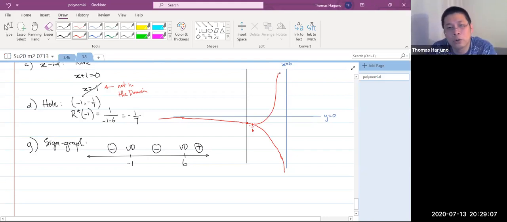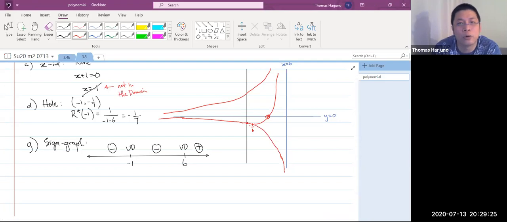Well, because there's no x-intercept. If that's the case, then we must have an x-intercept, right? But why not start from the top and go up like that? Well, because the sign graph is negative, right? So not this. It goes to negative infinity.